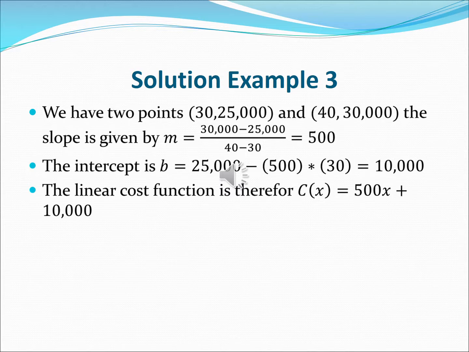So we have 30,000 minus 25,000 divided by 40 minus 30, and that gives you 500. The intercept b is 25,000 minus 500 times 30, and that is equal to 10,000. The linear cost function is therefore C(x) equals 500x plus 10,000.